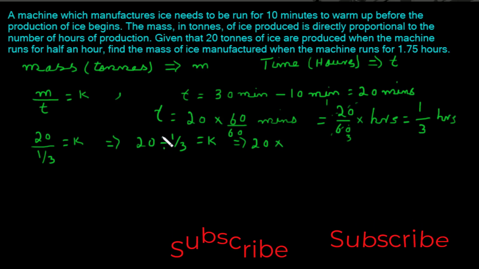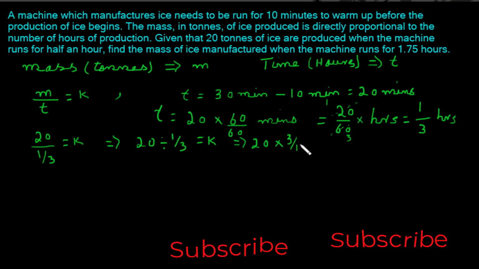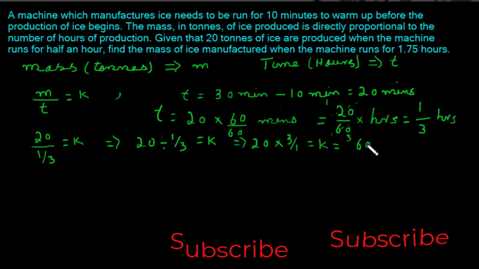When this division is converted into multiplication, I write the reciprocal, 3 by 1. So 20 multiplied by 3 by 1 is equal to k, and 20 threes are 60. So k has a value of 60.